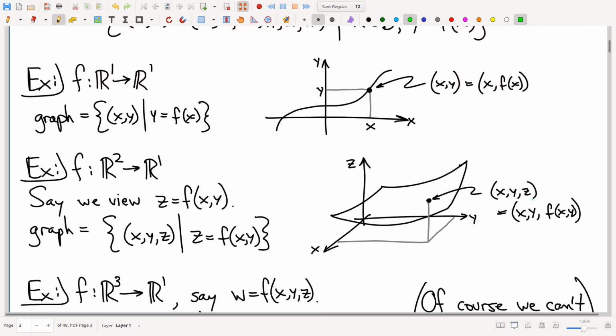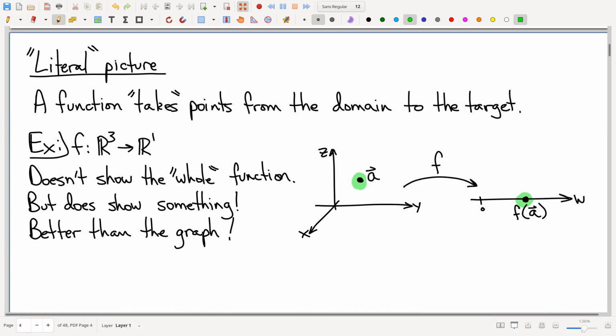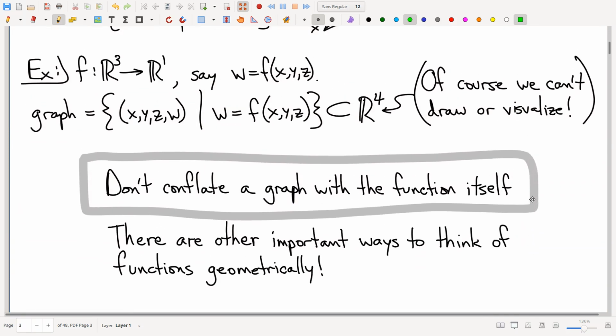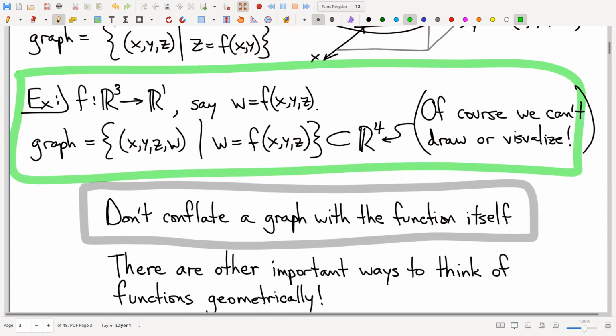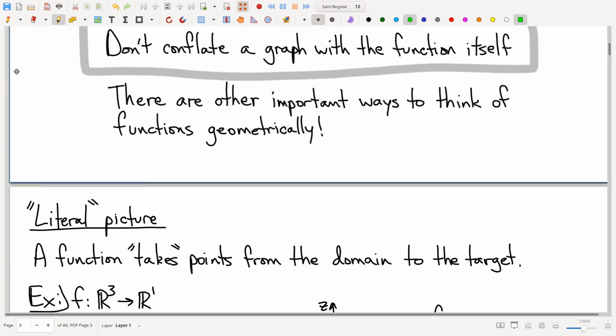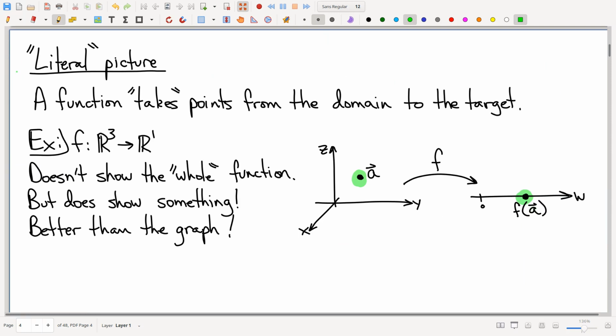So the fair comparison is between this disappointing picture of a function of 3 variables and this absolute absence of a picture when you try to draw the graph of a function of 3 variables. So it's not good versus bad that is the relevant comparison. It's absolutely nothing versus disappointing. And when those are your options, disappointing is a win. Does that make sense? Any questions?